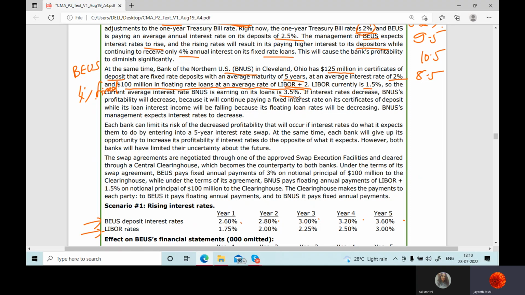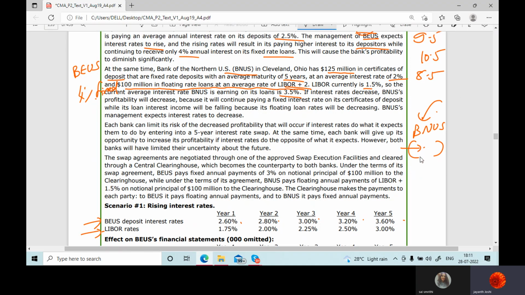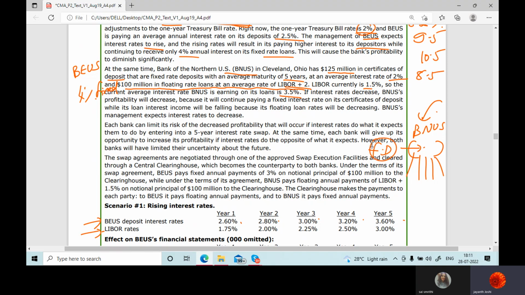Okay, just leave it. Now the things are different here. Actually, BNUS has not invested, but they have issued certificates of deposit to various people. See what happens. This is BNUS Bank. BNUS Bank has various customers who deposit their money in the bank, and the bank has to issue certificates to those customers, like FDs. They're opening FD accounts with BNUS, and BNUS is agreeing to pay 2% to them.